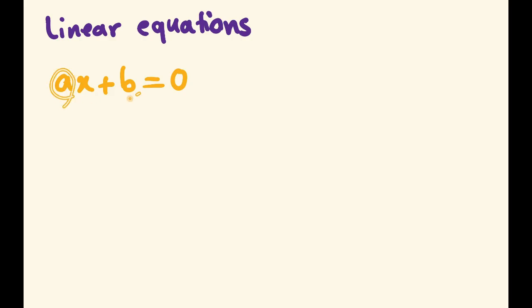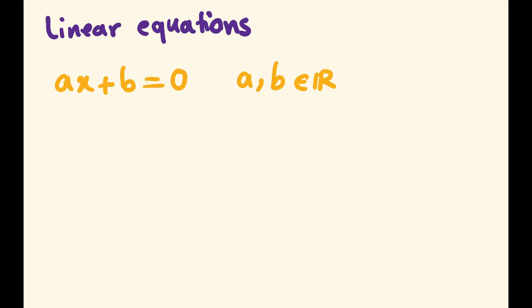Then we have a and b. A and b are real numbers. They belong to the real numbers from negative infinity to positive infinity. And the only variable here is x with exponent 1, so we call it linear.